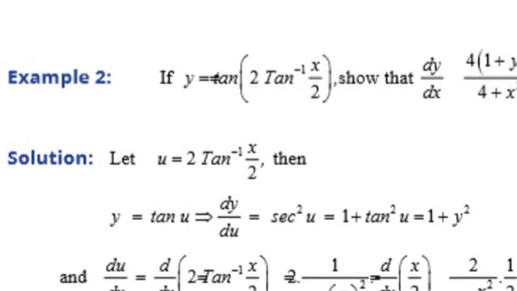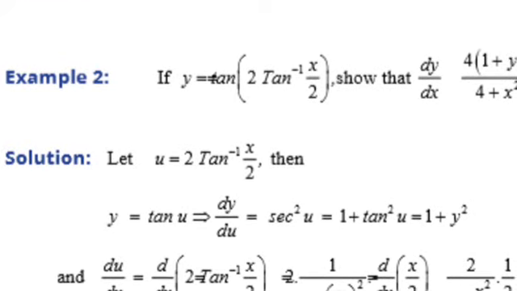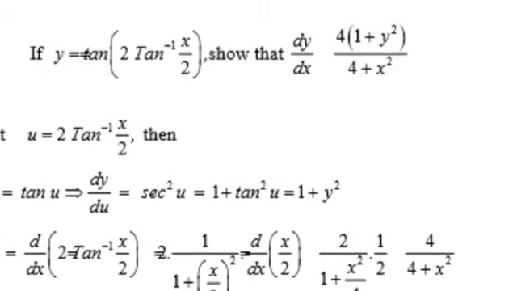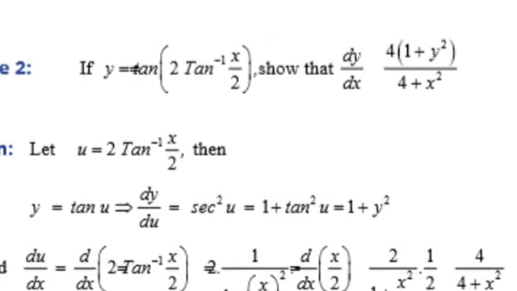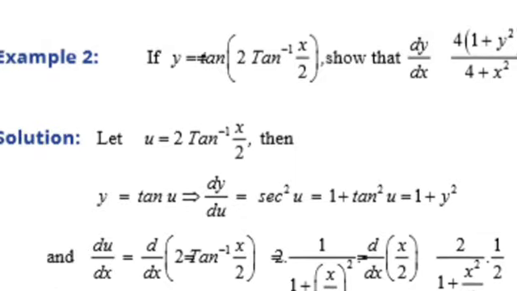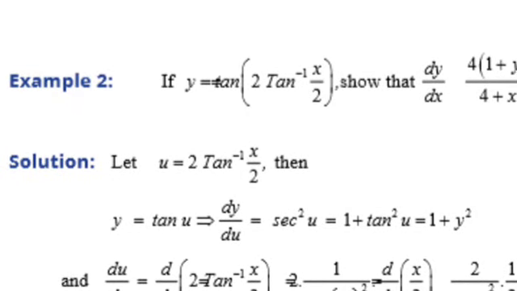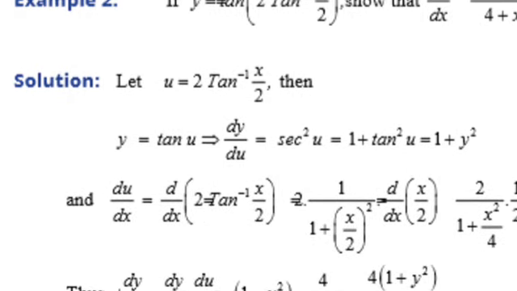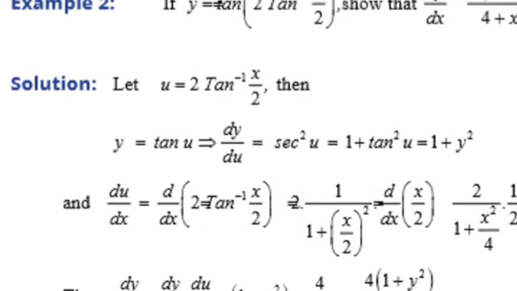Now in this question we have y equals tan of 2 tan inverse x over 2, and we prove that dy by dx is equal to 4 times 1 plus y square over 4 plus x square. Here we let the angle be equal to u, so the value becomes y equals tan u. dy by du is equal to the derivative of tan, secant square u, and we can write secant square equal to 1 plus tan square, so it becomes 1 plus y square, and the derivative of u is the derivative of tan inverse.